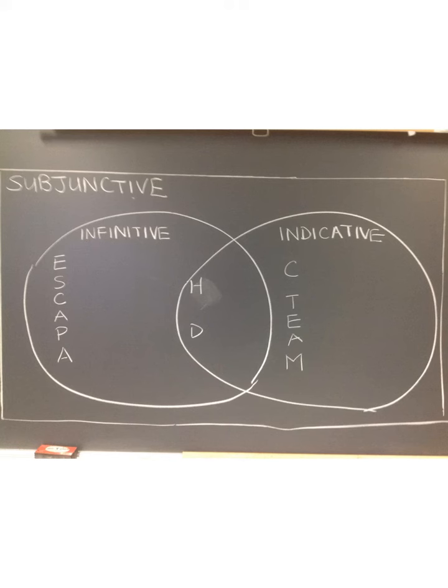On the left, in the infinitive circle, I have the acronym ESCAPA, and then in the center, the overlapping part, I have HD, and then on the right, in the indicative part, I have the acronym C-TEAM, and those are just the letters I put together to kind of keep it straight and make it hopefully easier for you to remember.